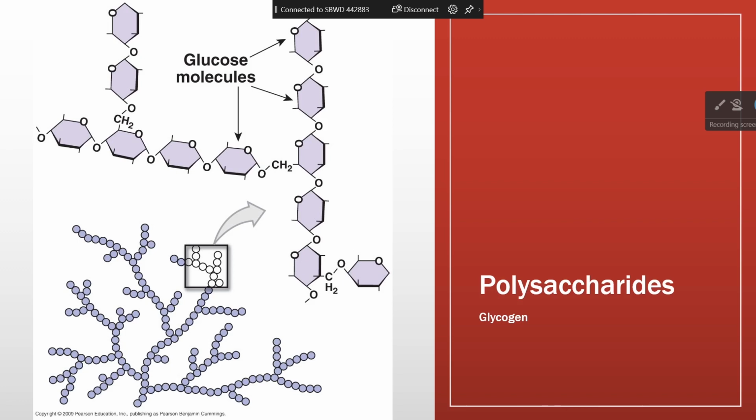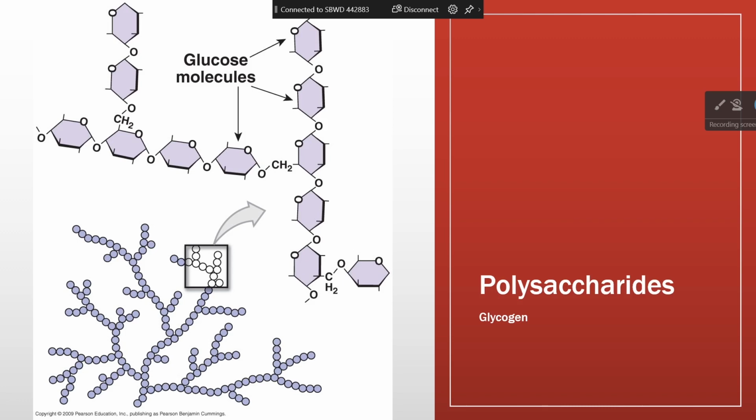Now, why does the body make this? Because if each of these glucose molecules were separate, okay, then each of those glucose molecules is going to create osmotic force because it's a solute in solution. If you get a lot of solute in solution, now you're going to start pulling water towards it, right?